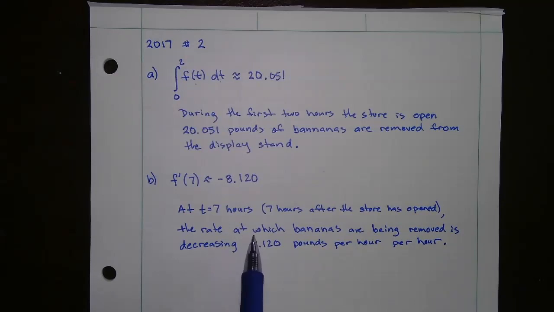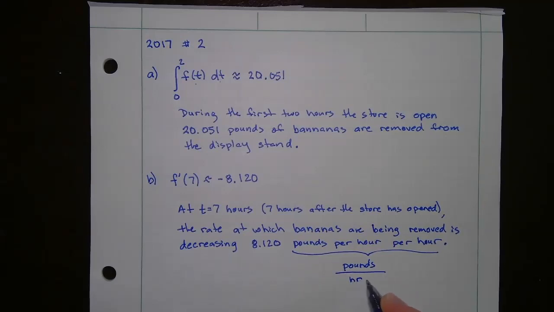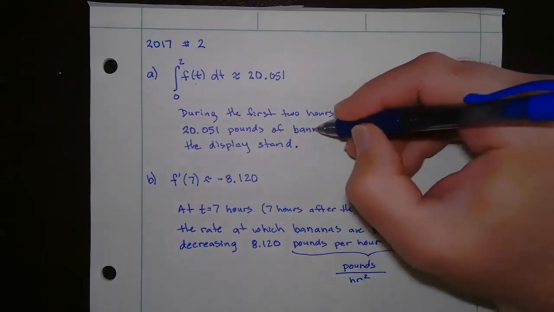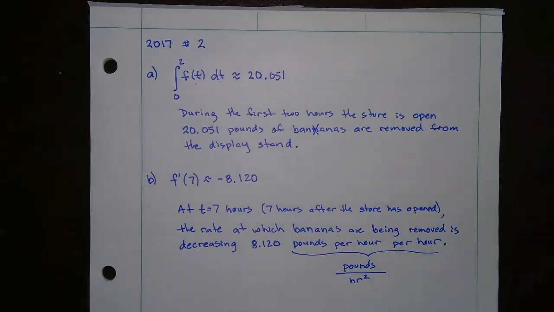At t equals 7 hours, the rate at which bananas are being removed is decreasing 8.120 pounds per hour per hour. Now, all of this could be written as pounds per hour squared.